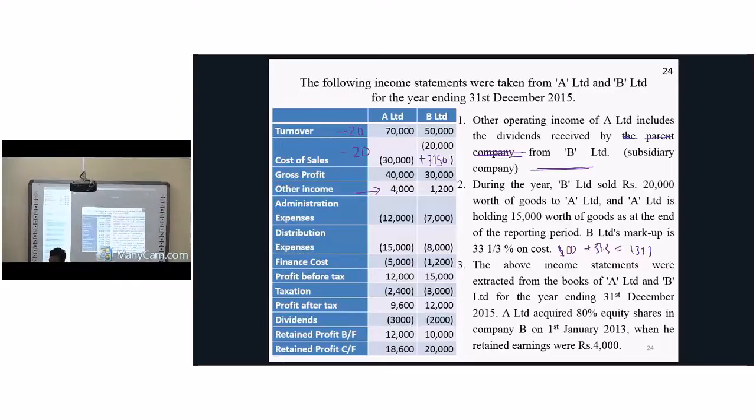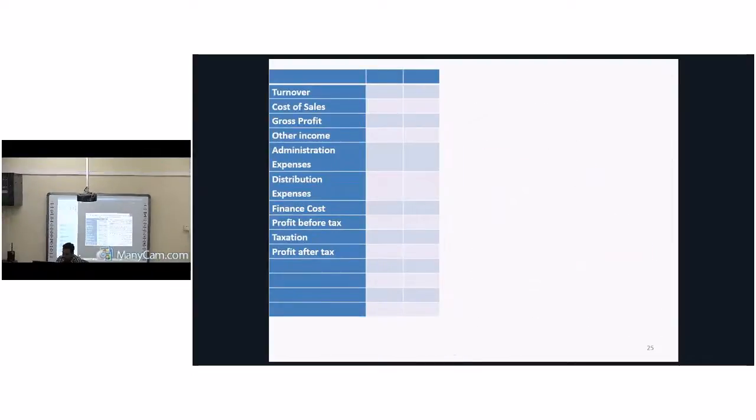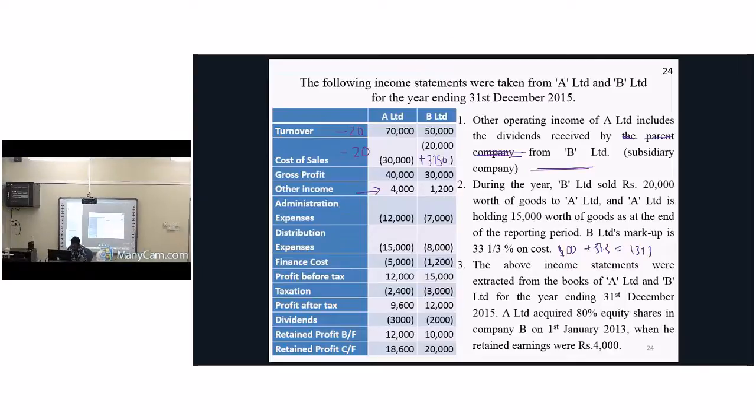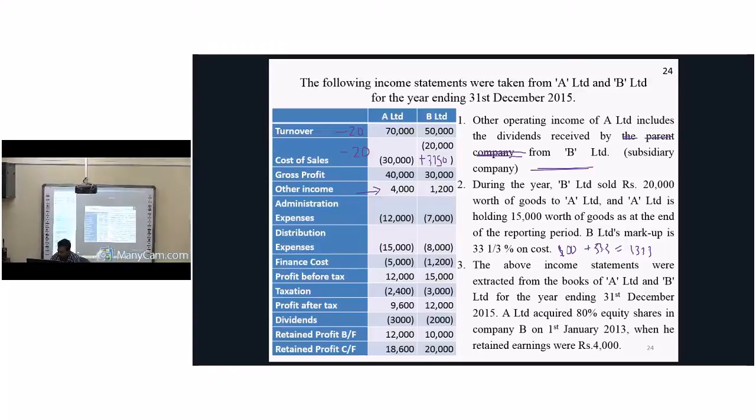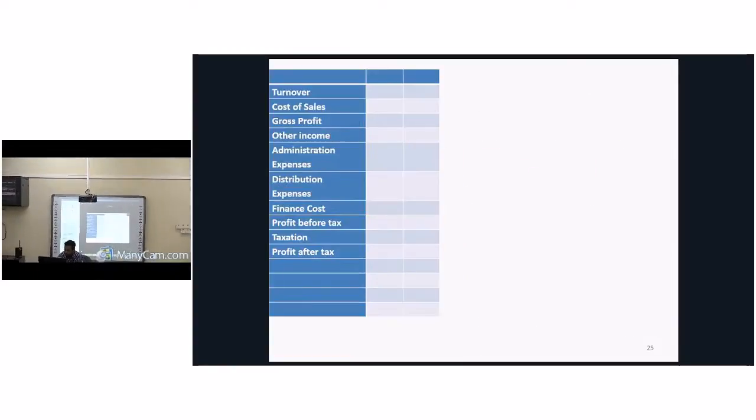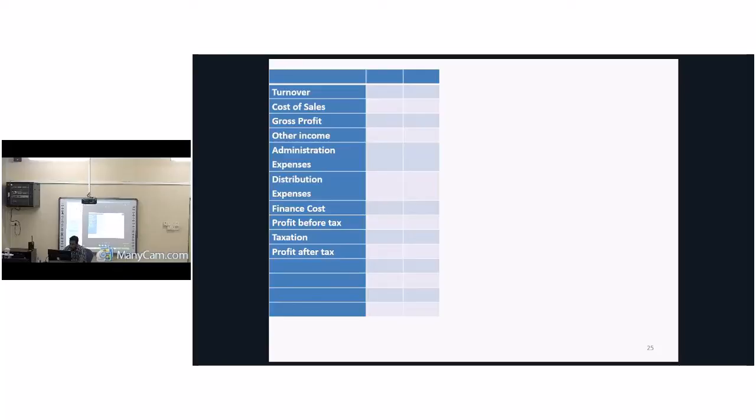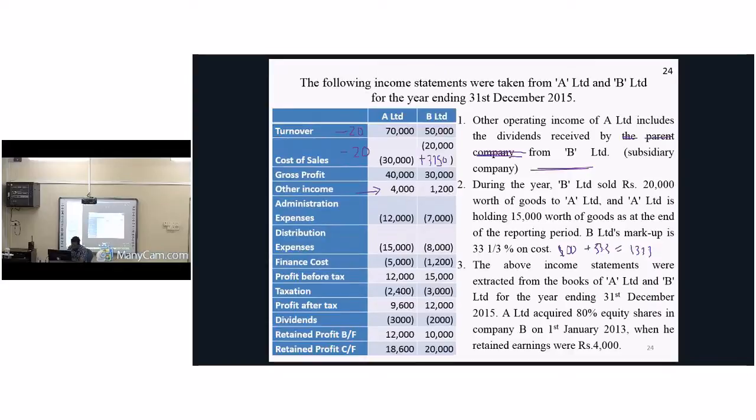Now I can summarize it, finalize it. I'll go line by line. Turnover. What is turnover? 70,000 plus 50,000 minus 20,000. It is 100,000. Turnover will be 100,000. I'll write in thousands. What about cost of sales? 30,000 plus 20,000 minus 20,000 plus 3,750.